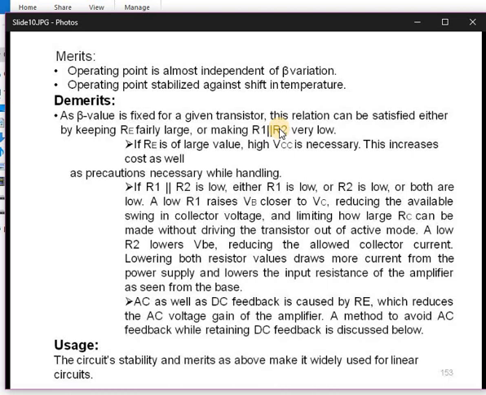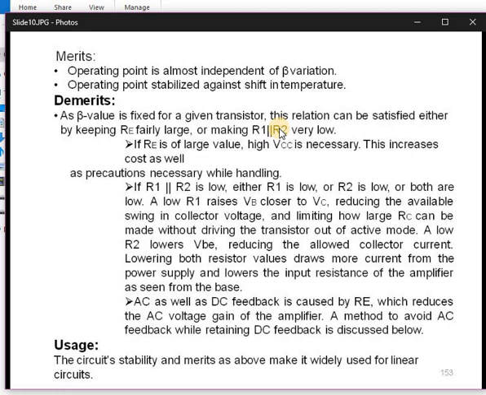It does not depend upon beta variations and temperature variations, so the stability factor is low, which signifies better thermal stability.